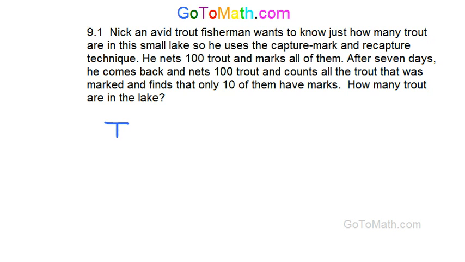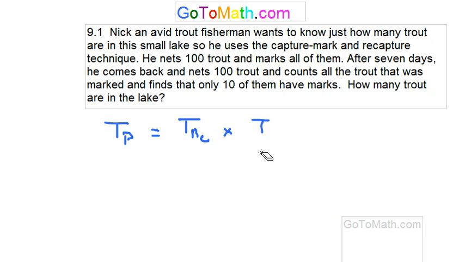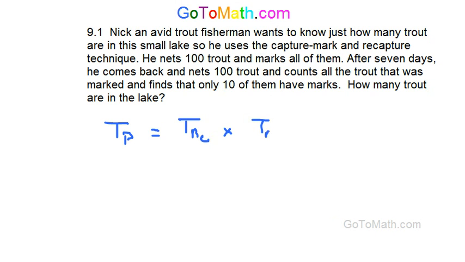We're going to let T be the total population, and it is equal to the total number captured times the total number marked, all over the total number captured with a mark.